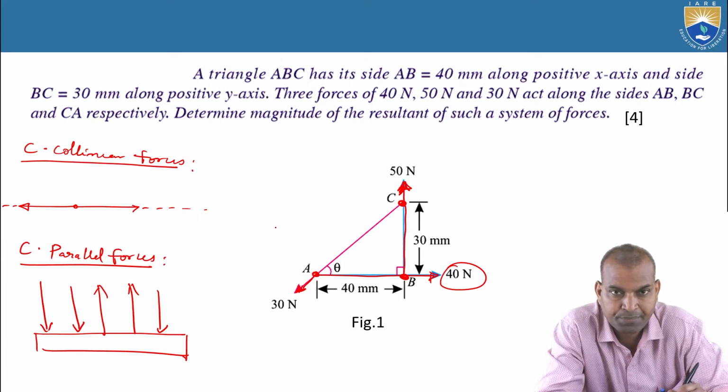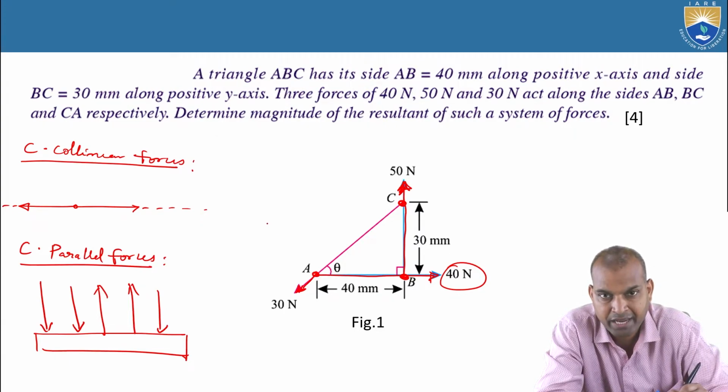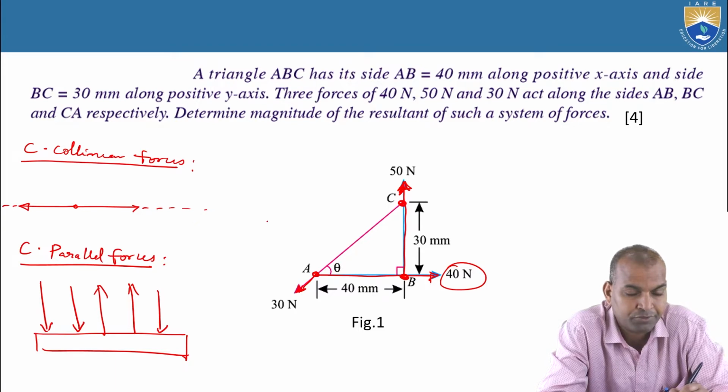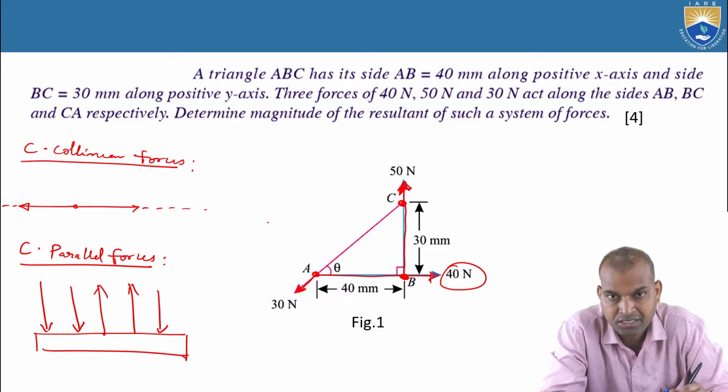So, in the concept of resolution of forces, what are we going to do? When any force component has a certain direction and magnitude, and the direction can be either an acute or obtuse angle, then we have to resolve that force component into horizontal and vertical.